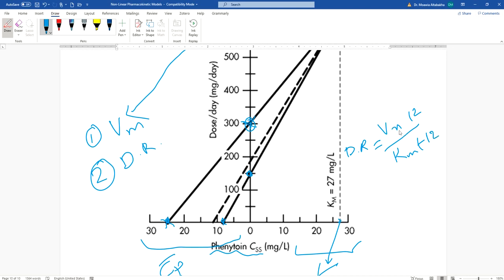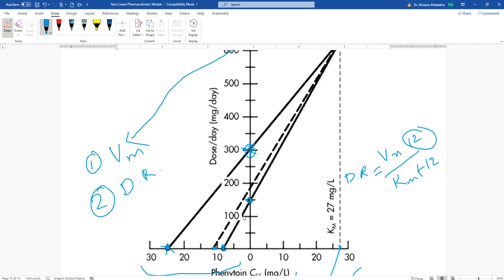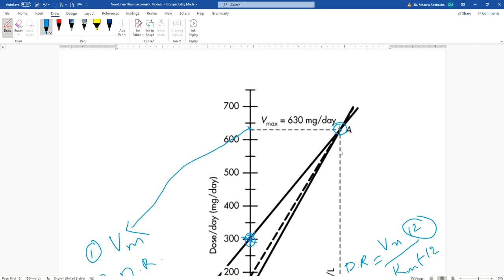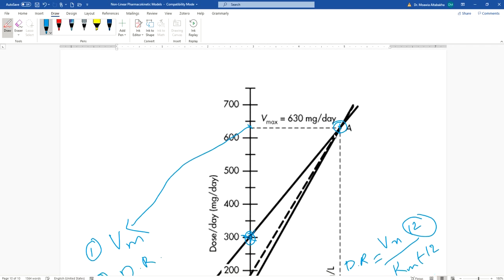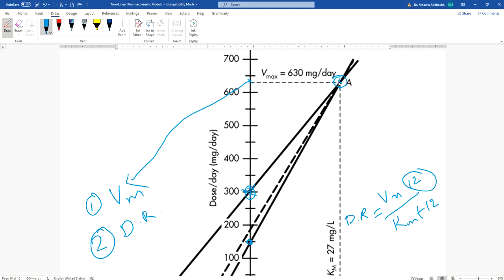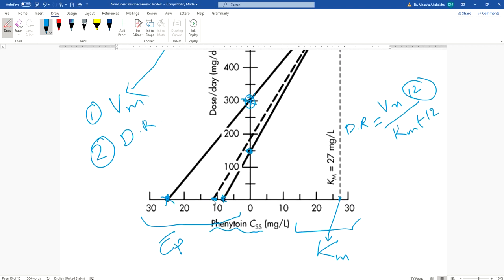Instead of using this equation, you can substitute the Vm and Km values or go to the same graph and find your target. Where is your target Cp average? It's here; this is 12, let's say. Then find where these two lines unite, point A. Look at this point and connect between it and your target, here 12. This is the dashed line that connects A and the target concentration.